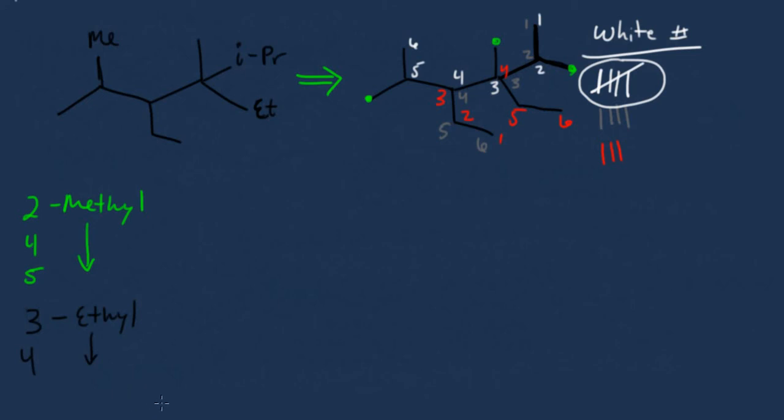All right, so that looks like all of our substituted groups. Let's go ahead and begin naming this. Our ethyls come before methyl in the alphabet, so we are going to write them first.